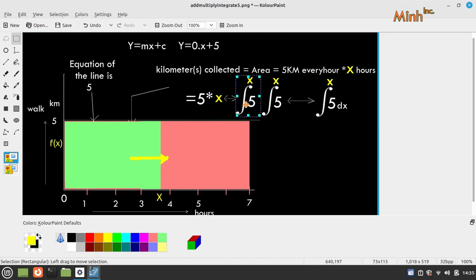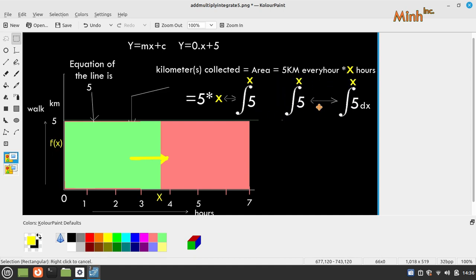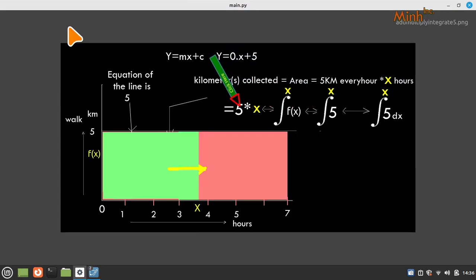Now I can write here, so can we see that 5 into x, so 5 is fx and this is x.